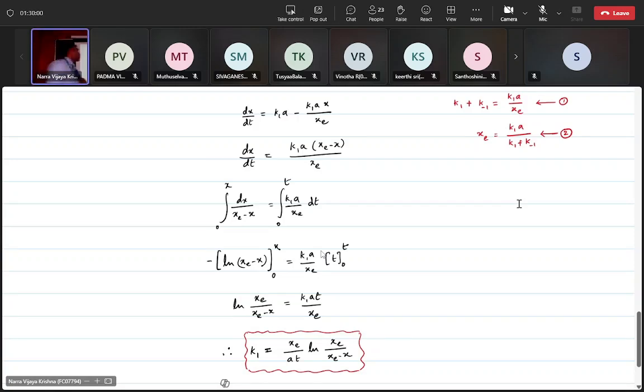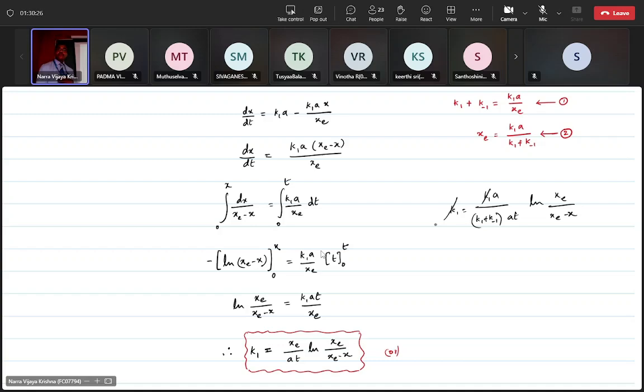Now, instead of xe, can I substitute this term? If I substitute that xe term here, what will you get? K1 equal to, instead of xe, I am writing K1A upon K1 plus K minus 1, into At log xe upon xe minus x.